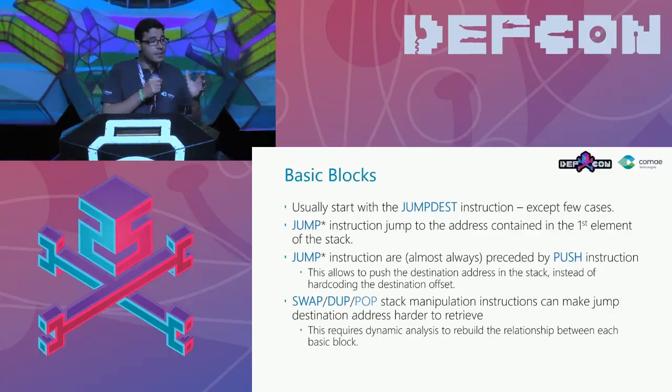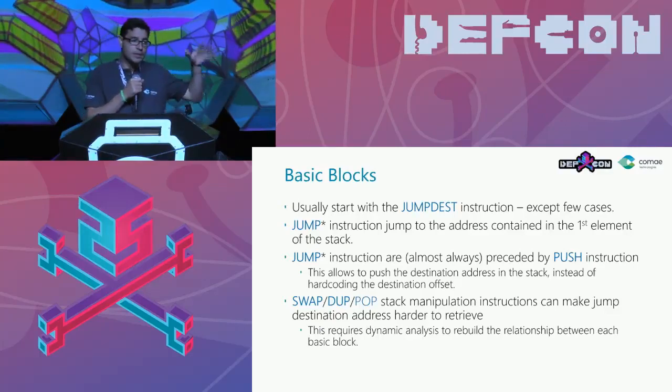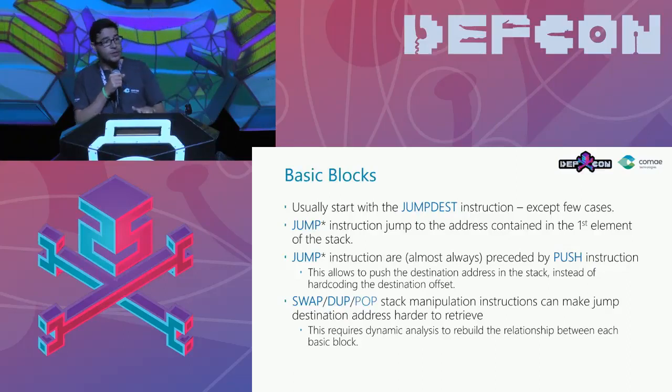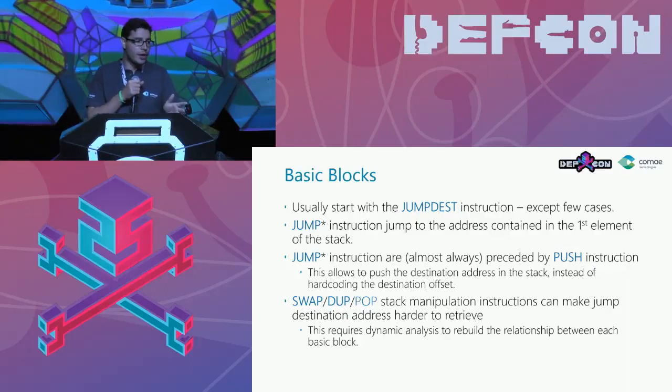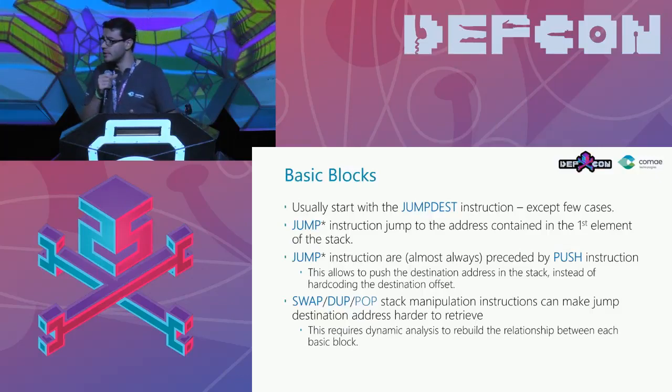But the main difference is sometimes they're just going to push it at the beginning of the function, do a bunch of instructions, so you would totally forget which was the destination address. That's why you would need to write a pseudo debugger that emulates most of the instructions to keep track of all the destinations.